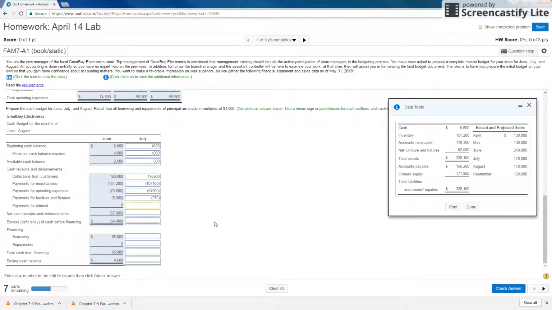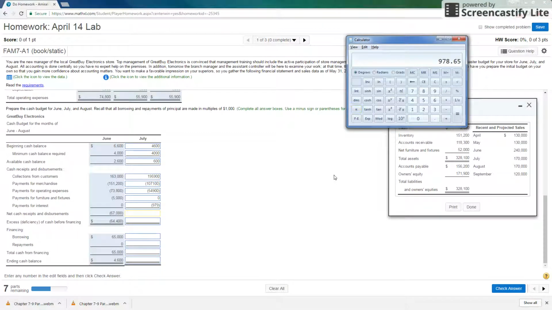So now we have that number down here. We didn't buy any furniture. Now you have to sum over everything here. 190,599,900, 107,11, 549,00, 879.